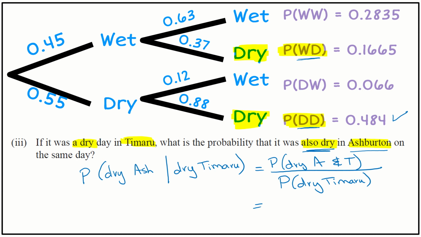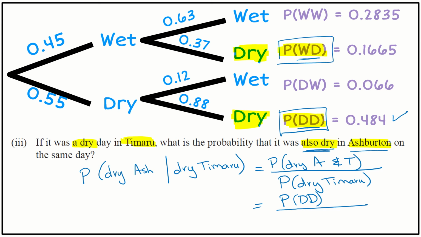So I've got my probability of DD, dry in Timaru and dry in Ashburton, and I'm dividing that by the chance of being dry in Timaru, which is where I combine both of those together. Both of them together make dry in Timaru. So that is going to be probability of WD plus the probability of DD.